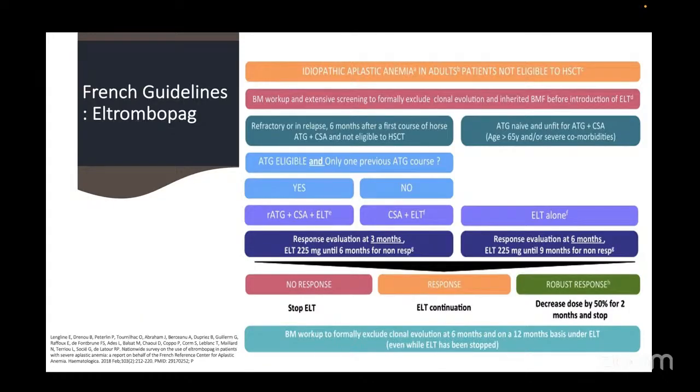And if there is a robust response, then they decreased eltrombopag by 50% for 2 months, and then stopped. They did a bone marrow workup to formally exclude clonal evolution at 6 months and at 12 months under eltrombopag, even when it was stopped, because we must monitor clonal evolution in younger patients, especially because they have the risk of secondary malignancies, MDS, and clonal evolution.